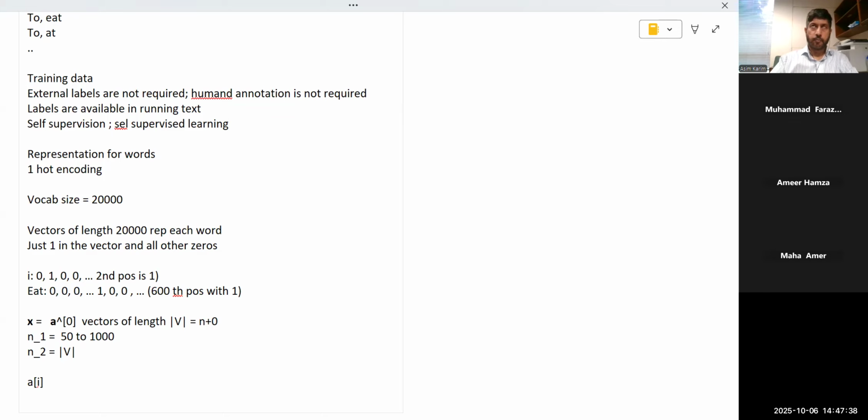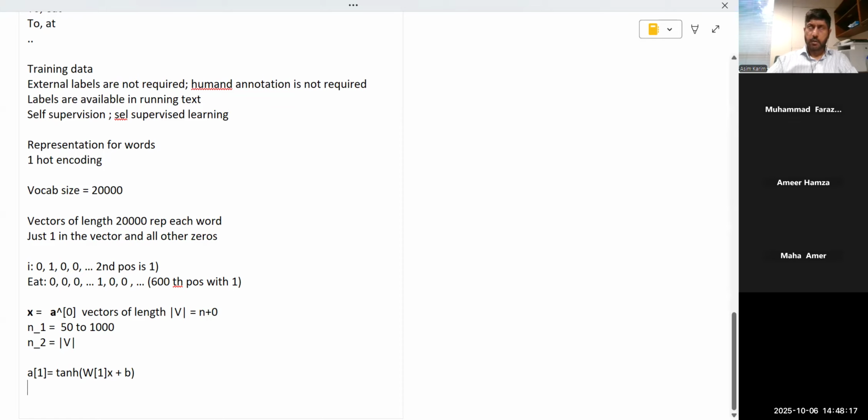A0 is of course the input. So for the first layer, let me write it separately. So A1 equals tanh or rectified linear unit of W1 into your X, X is A0, I'm writing X here, plus B1. Okay?